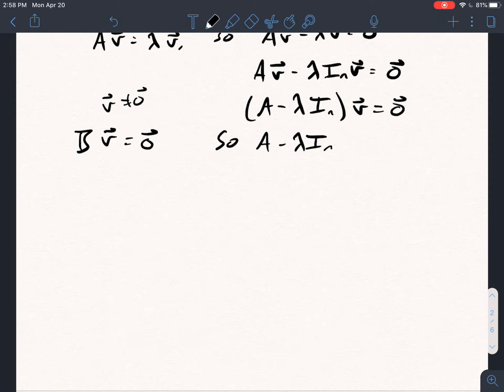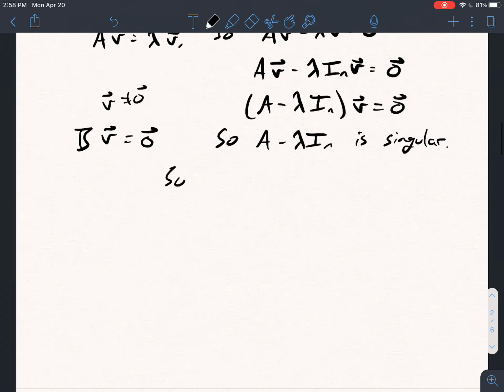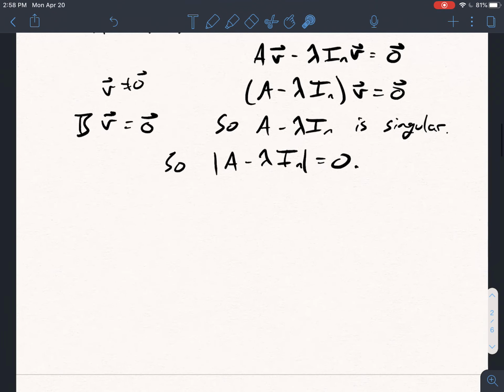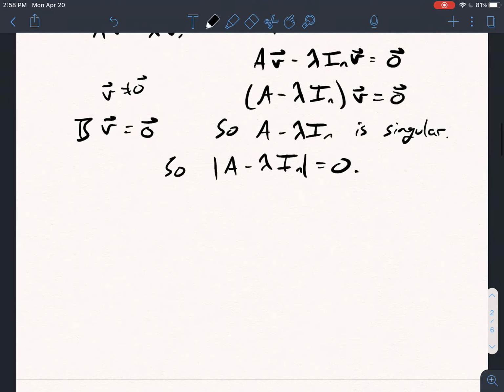Well, its null space is non-trivial. It has non-zero solutions to the homogeneous system of equations that it represents. So this is a singular matrix. Being singular is true if and only if the determinant is equal to 0.